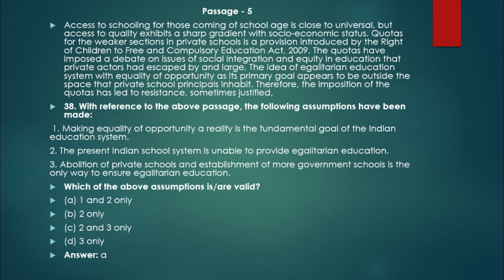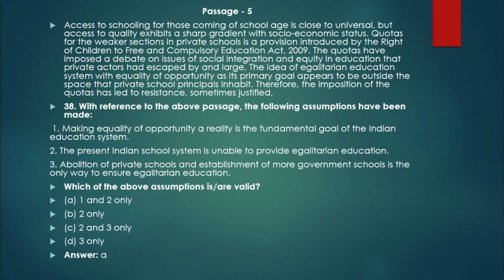Question 38. With reference to the above passage, the following assumptions have been made. First, making equality of opportunity a reality is the fundamental goal of the Indian education system. Second statement, the present Indian school system is unable to provide egalitarian education.